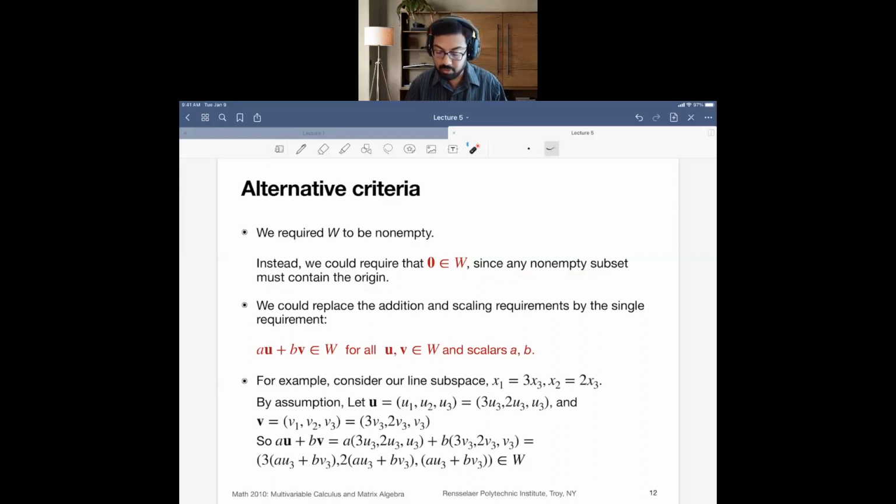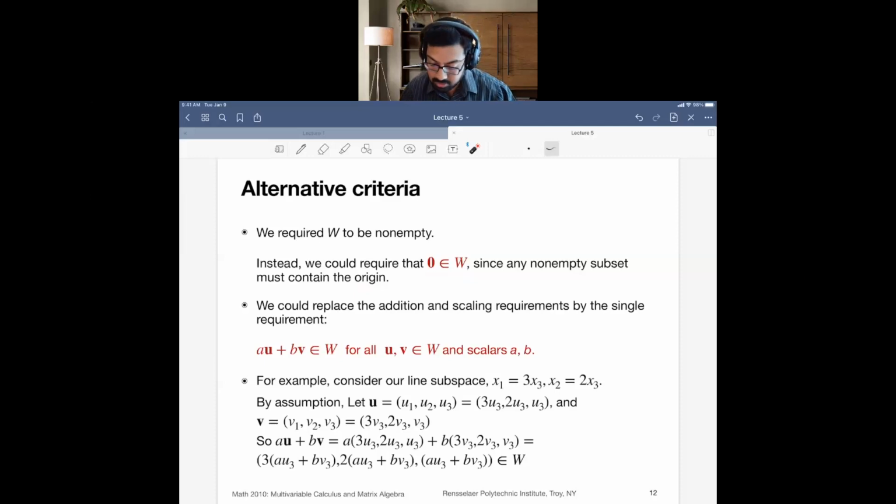If it does, then we can say that W is non-empty. So we can just check whether zero belongs to my subspace or not.